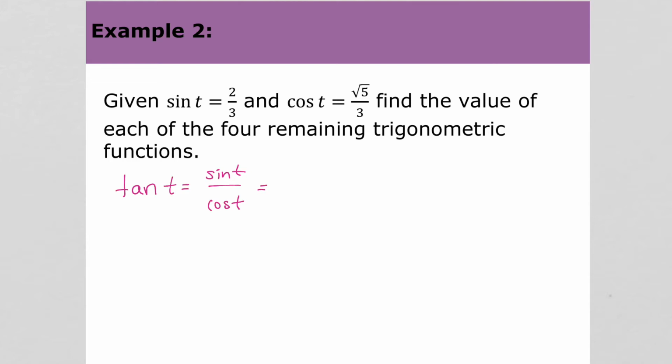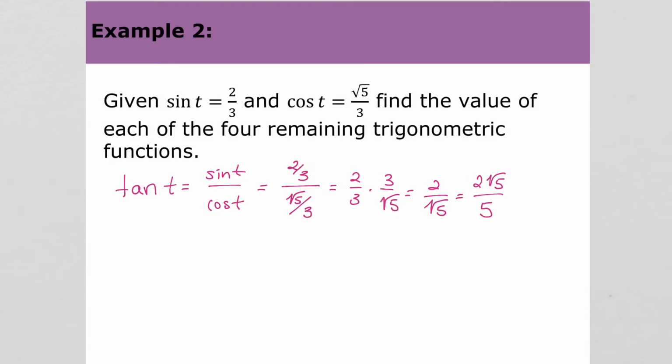So that means that since sine is 2/3 and cosine is root 5 over 3, then we can just plug in, flip and multiply. The 3's go away. We've got 2 over root 5, which will reduce to 2 root 5 over 5. So there's tangent.